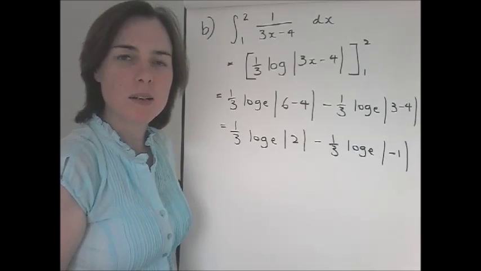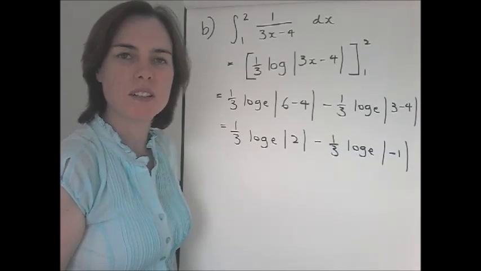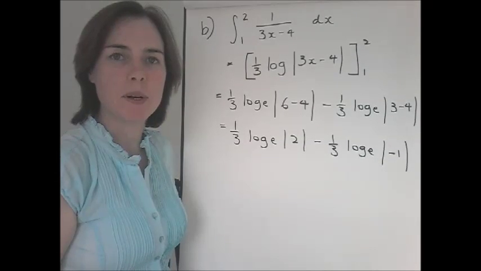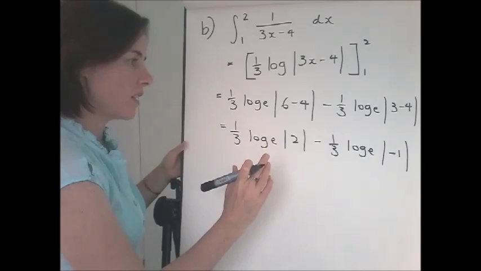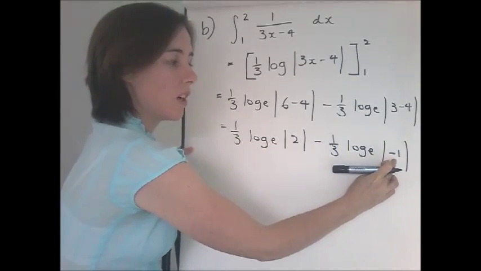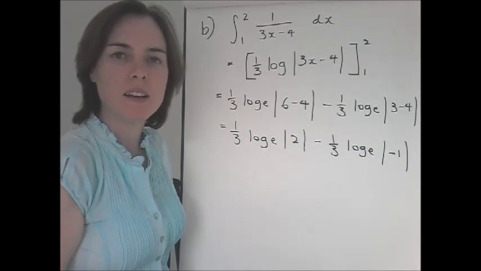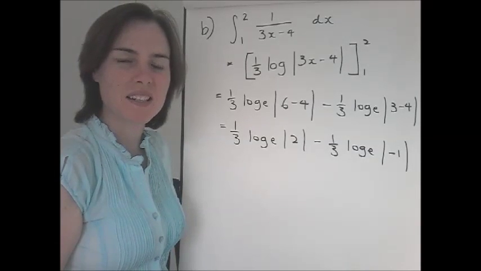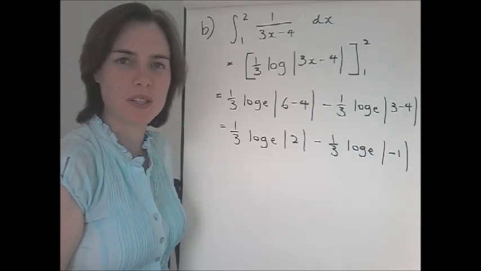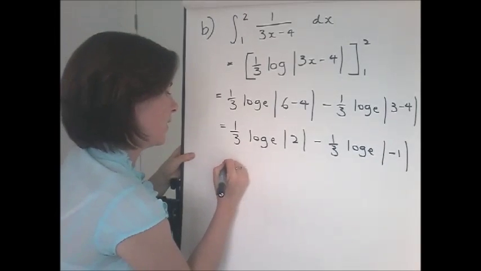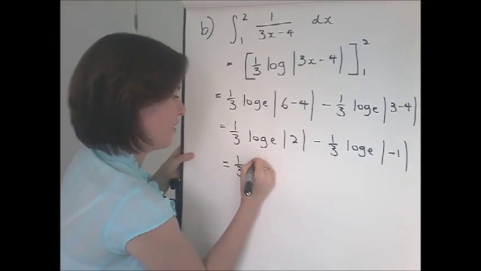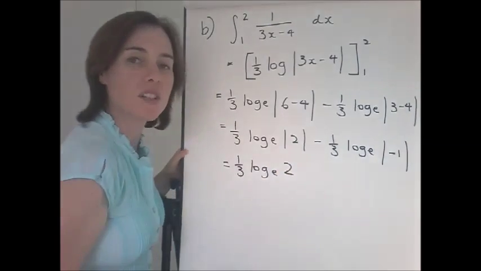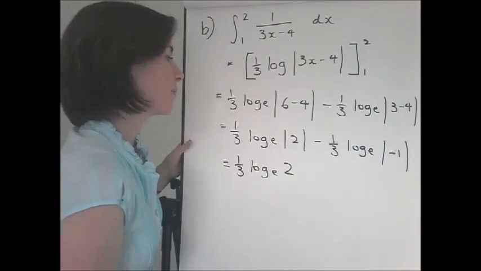Now the purpose of these absolute value signs when we're integrating to get a log is because you cannot log a negative number. And if it wasn't for those signs, we would be trying to log a negative number there and we'd get an undefined answer. But the absolute signs enable us to turn it into a positive number. So what this means is a third log base e, well this doesn't change because it was positive 2 anyway.